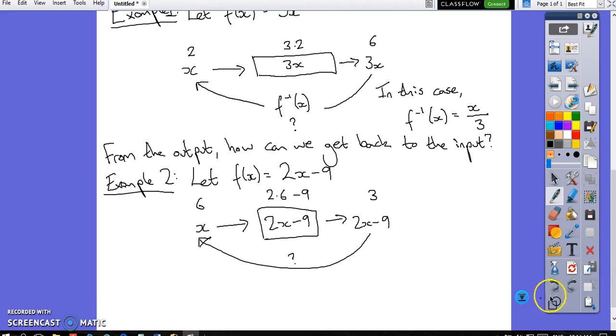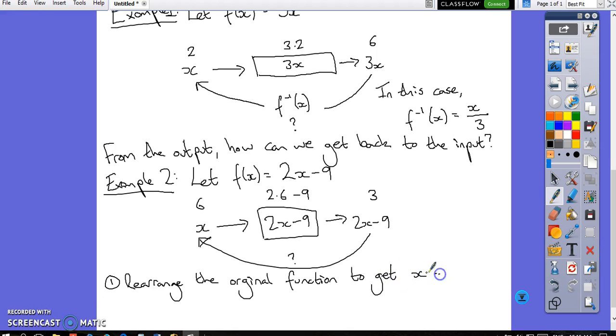Well, there's a way of doing this every time. Your task is first of all to rearrange the original function to get x equals something.